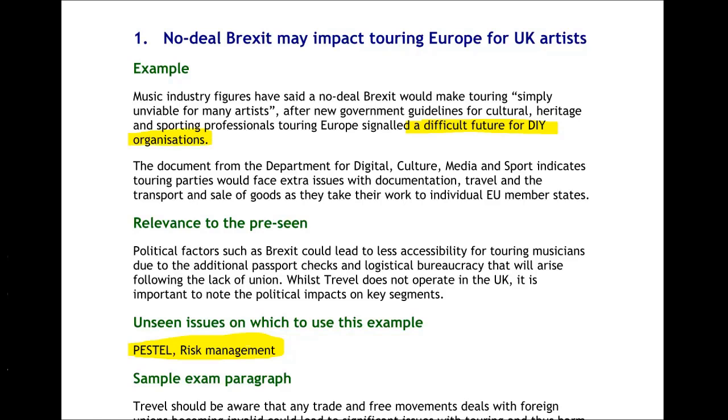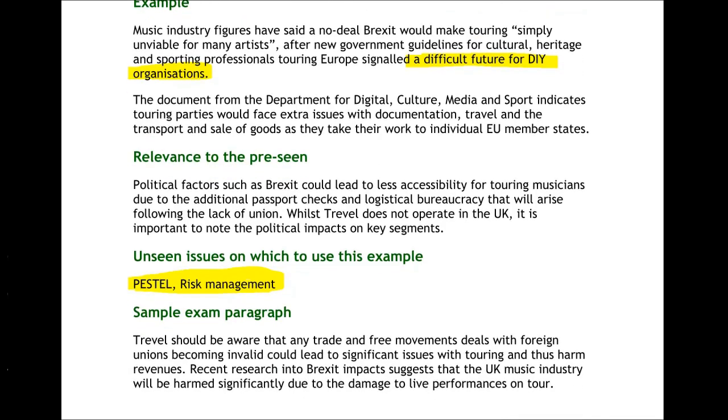So essentially all these live performance companies that are actually doing the live performance concerts and stuff that Trevel are then paying the artist to go ahead with, Trevel should be aware of this becoming invalid because it could lead to significant issues with touring and thus harm revenues.